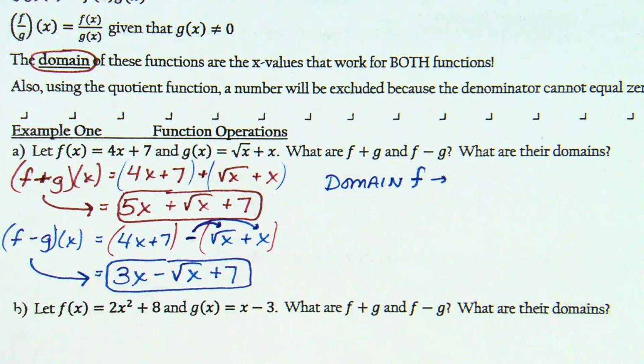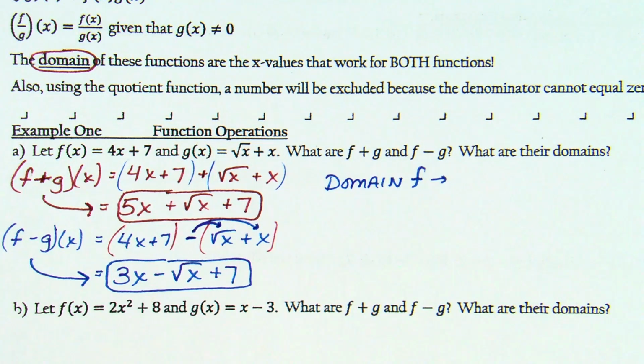In other words, if it's 4x plus 7, could I put positive 3 in? Yeah, I can do 4 times 3 plus 7. Could I put in other positive numbers? Yeah. Are there positive numbers I can't put in? No. Could I put in 0? 4 times 0 is 0 plus 7. We can do that, right? Can I put in negatives? 4 times negative 6 plus 7. Can you do that?